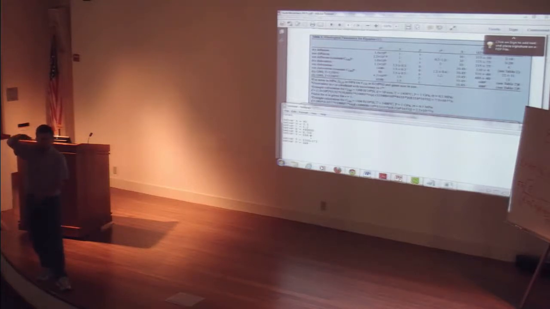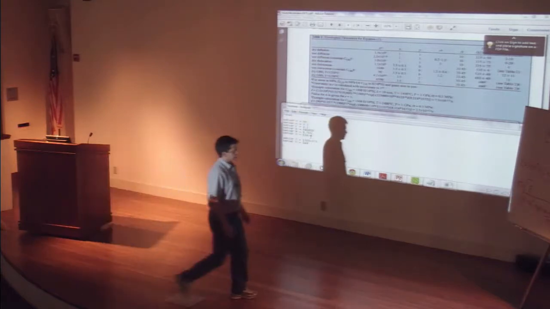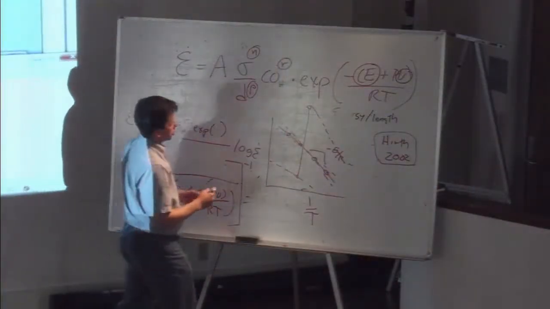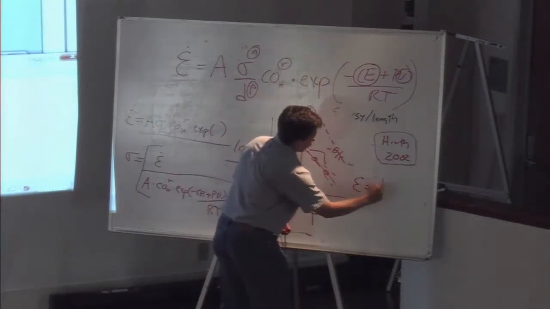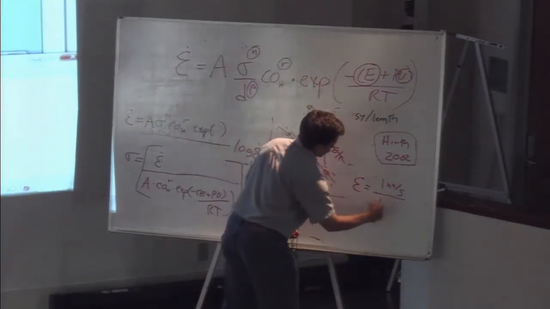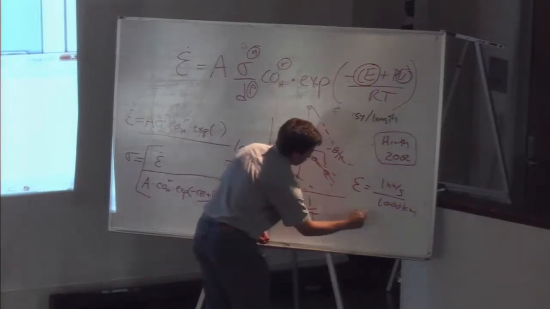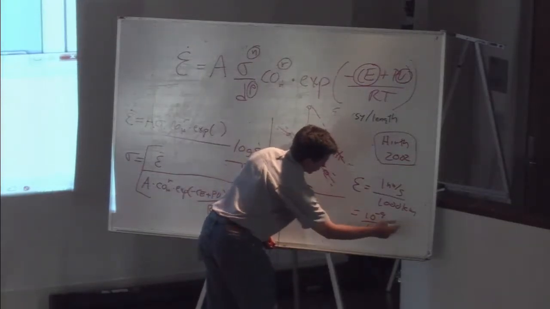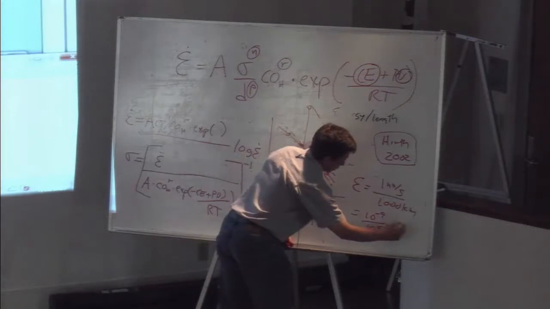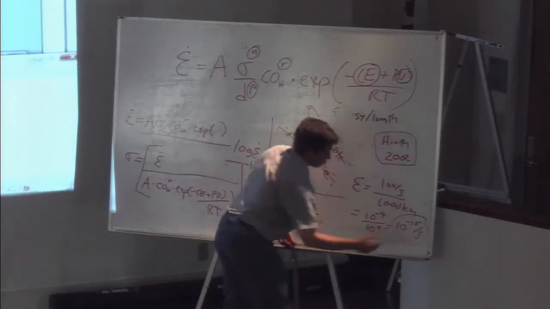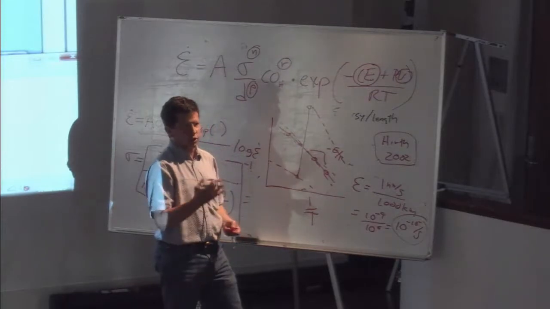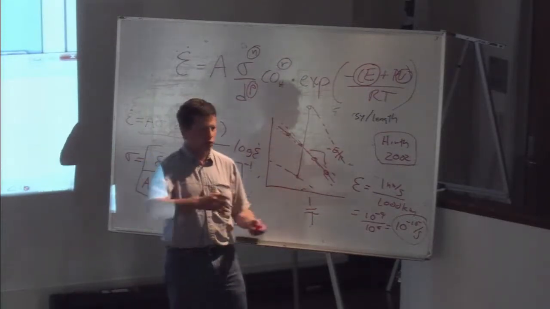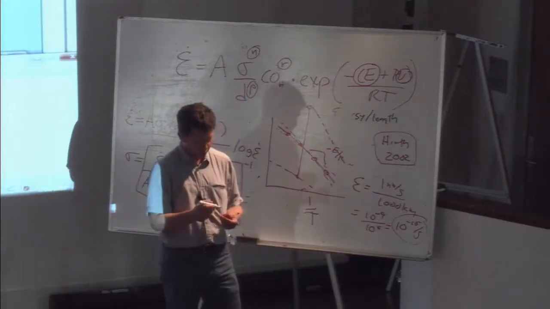And maybe convection is occurring over 1,000 kilometers, so that's 10 to the 6 meters. So the strain rate is 1 nanometer per second over 1,000 kilometers, which is 10 to the minus 9 divided by 10 to the 6 meters. That gives me 10 to the minus 15 per second. So that's kind of where, as a ballpark, that number comes from. It's like plate velocity over the thickness of a convection cell, roughly.